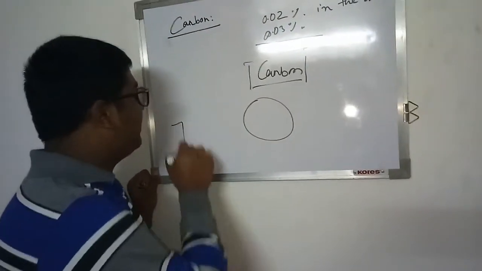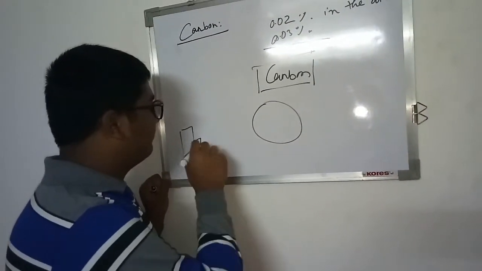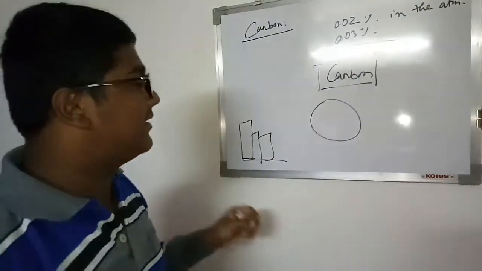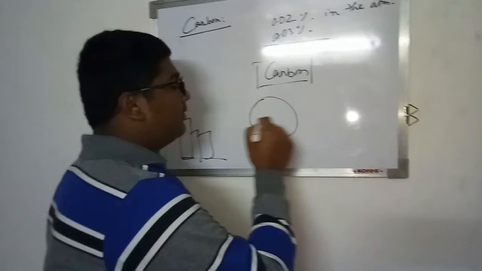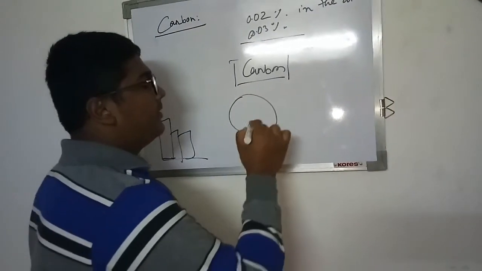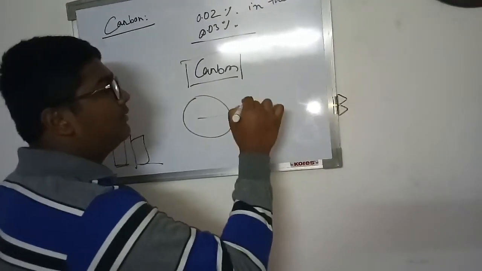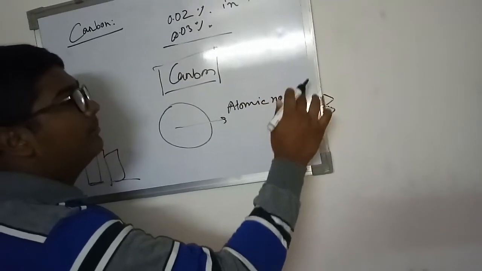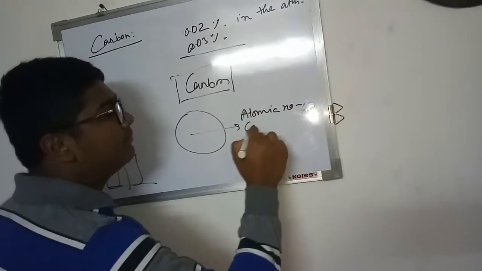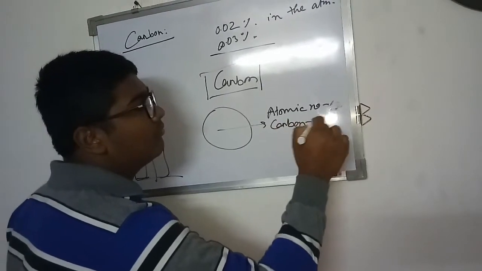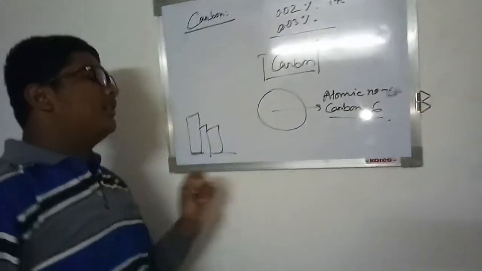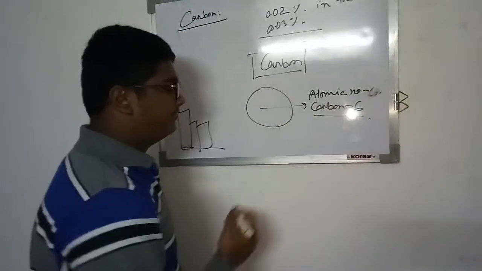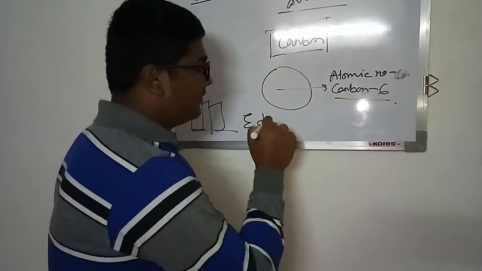If we read the periodic table, you have definitely read in class 8, 9, 10, in the prior classes, we can say that the atomic number of carbon is 6. Now let's move on to the electronic dot configuration of carbon.